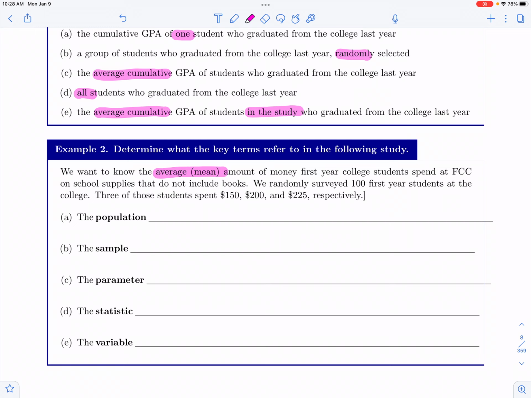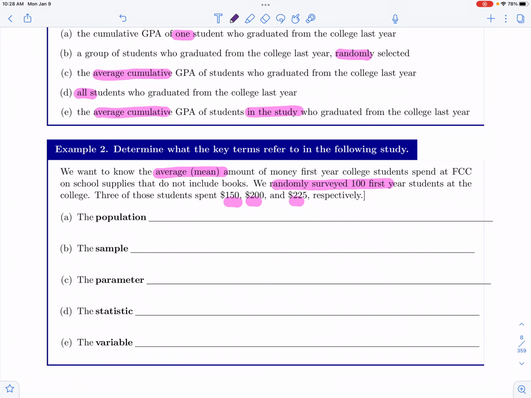We randomly surveyed 100 first-year students, so this is going to be related to our sample, and then we've got some actual data scores here, so this is some data that we've acquired. We didn't show all the data, just a few randomly selected ones.